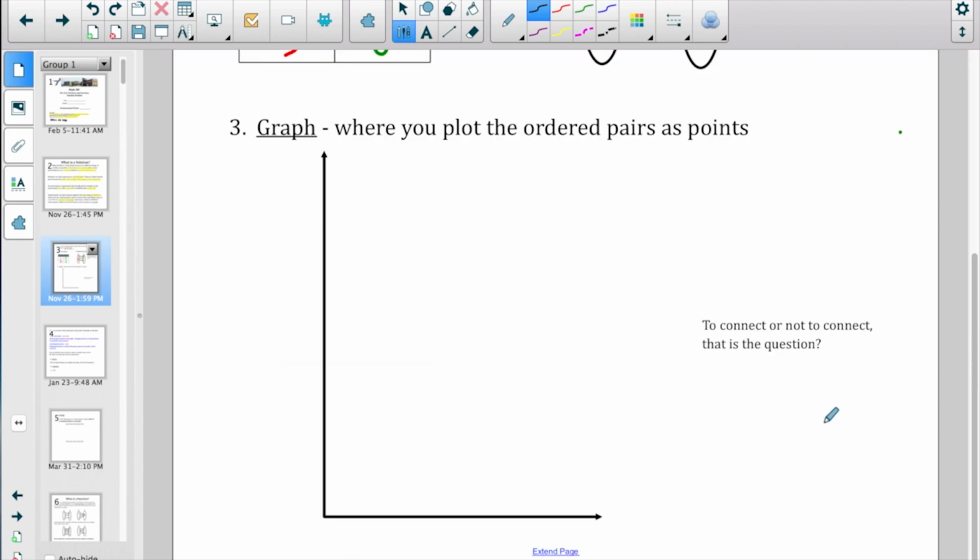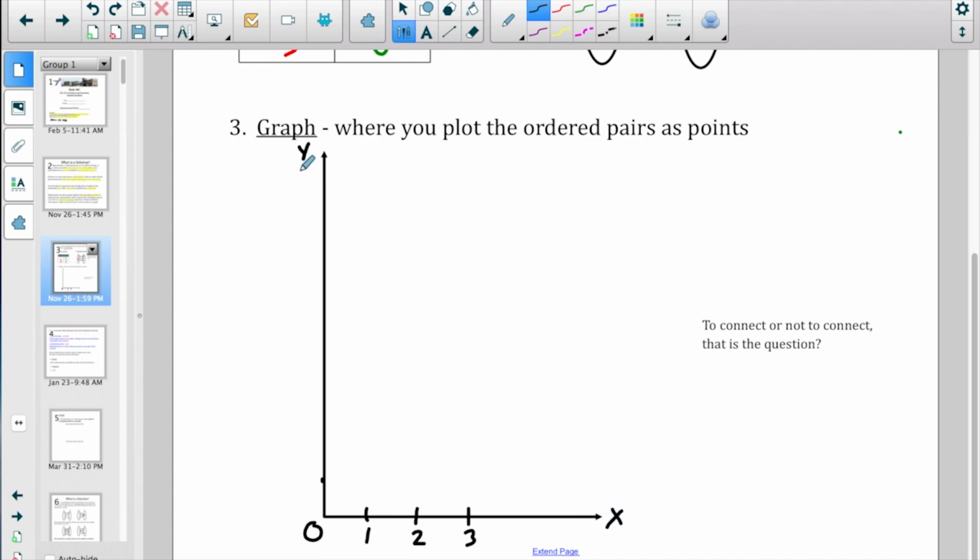Now, the third way that we can express the same set of data is by using a graph, something that most of you are already fairly comfortable with. We can go ahead by writing our scale down here. I'm going to go 1, 2, and 3 along the bottom because we know this is our x-axis.